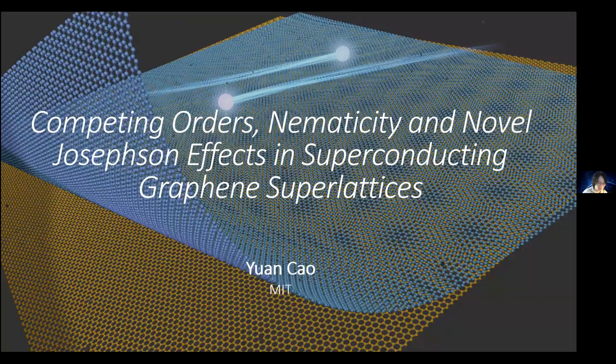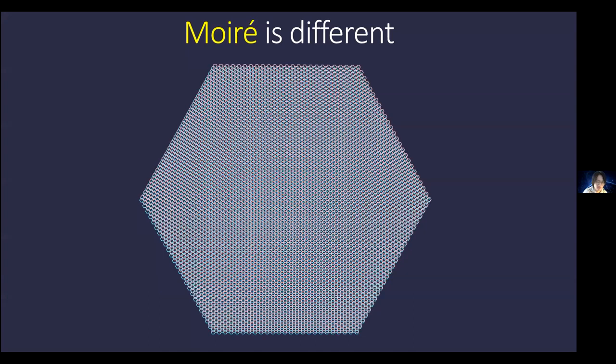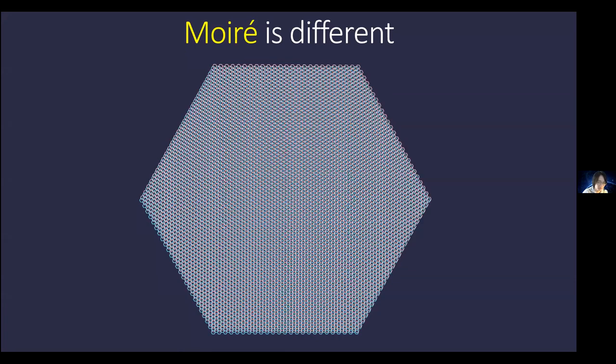From the excellent talks since yesterday, you probably already have an idea of how, simply by twisting different 2D materials, a variety of new physics can arise from simple underlying materials such as graphene.